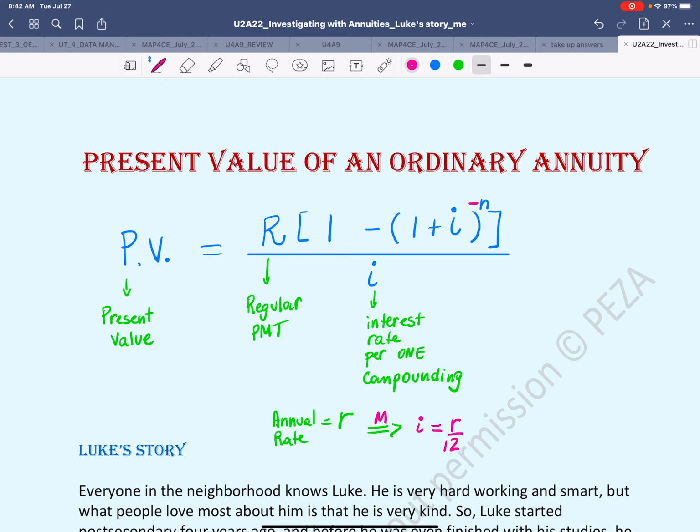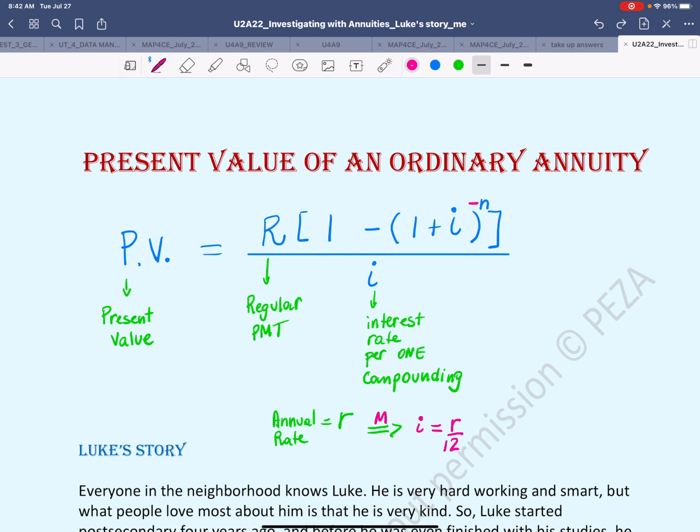So the annual rate is spread over the 12 months equally. Now, as we have explained in previous lessons, if the money compounds quarterly, which means 4 times a year, then the annual rate will be divided by 4 because it will be spread over the 4 compounding periods equally.